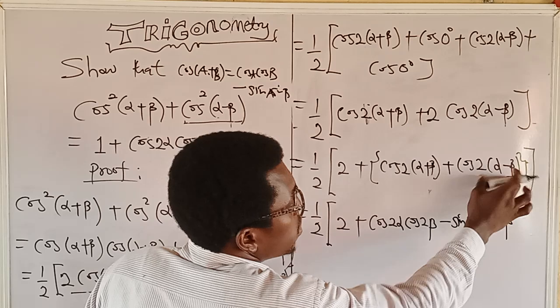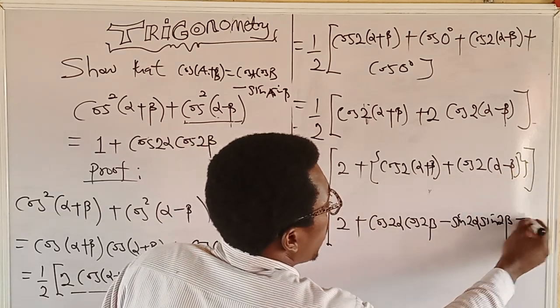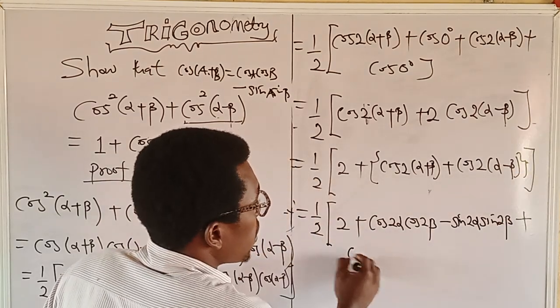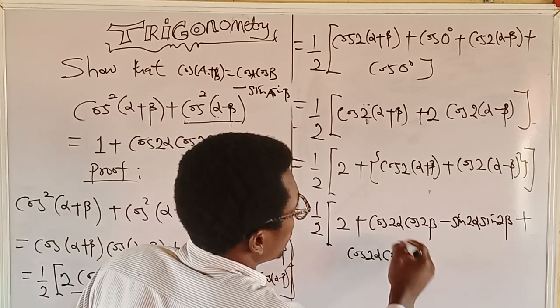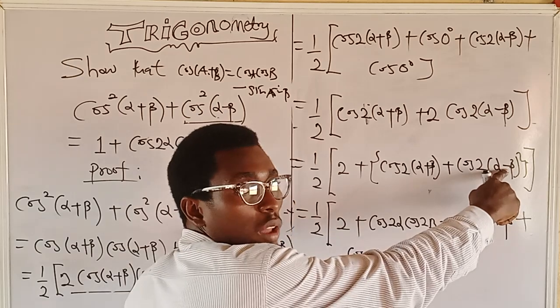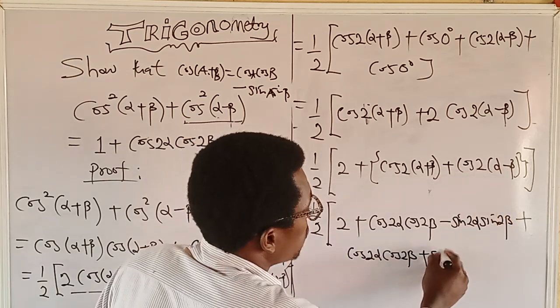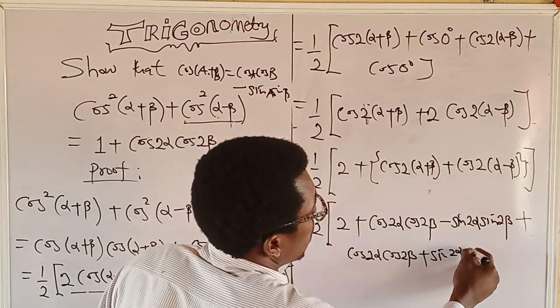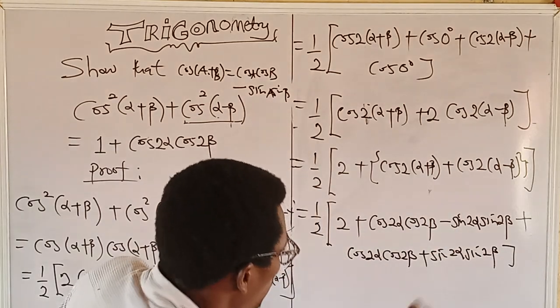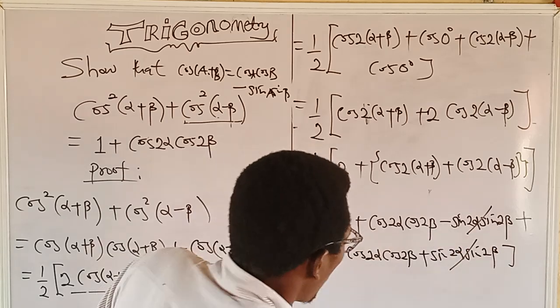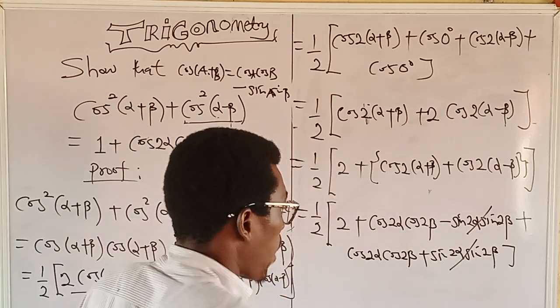The same thing will be done to this expression here, then plus. Expanding this, we have cos 2 alpha, cos 2 beta. Then, since it's minus, it becomes plus, right? Then plus sine 2 alpha, sine 2 beta. From whence we can cancel that. Now, this we cancel out with this, so we're left with these two expressions, all right?